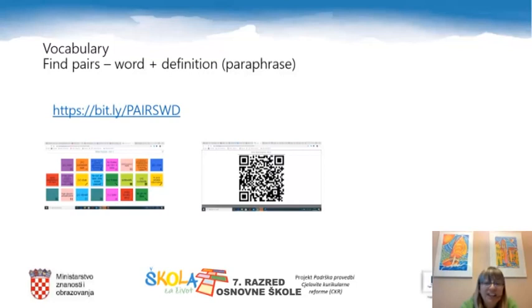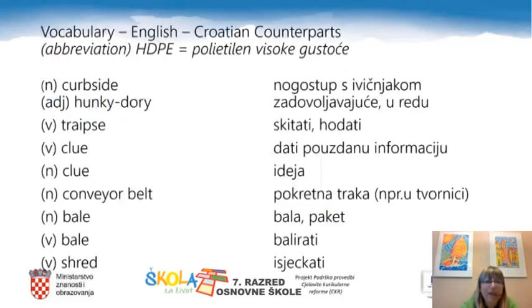And enjoy the game. To be sure about the meanings of the words, you can have a look at the list with Croatian counterparts. But before we do that, let's explain these words in brackets.